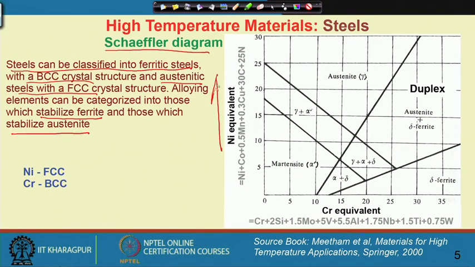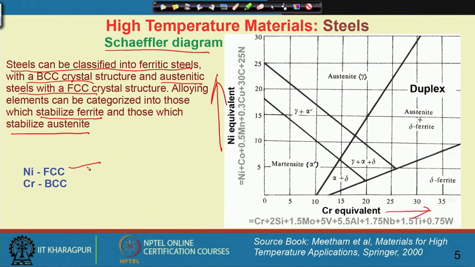Here this is the nickel and this is the chromium content, and we can find at what chromium or nickel content which phase is stabilized. However, are only nickel and chromium important? No, there could be other alloy additions which may be expressed in terms of nickel equivalent or chromium equivalent, meaning they have the same effect as the addition of nickel.